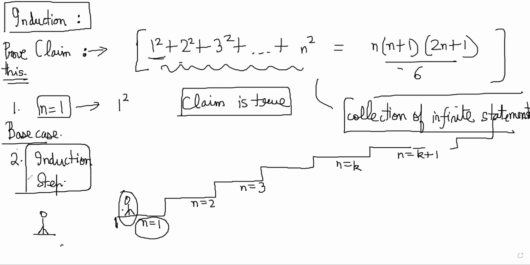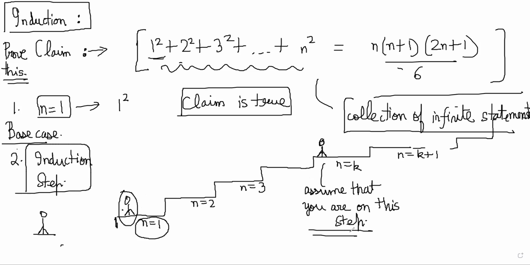Here, forget about the base case now. Think of yourself. Let's say you are on this step here, on the staircase. Assume that you are on this step. You are on this step means it is true for n is equal to k, right?